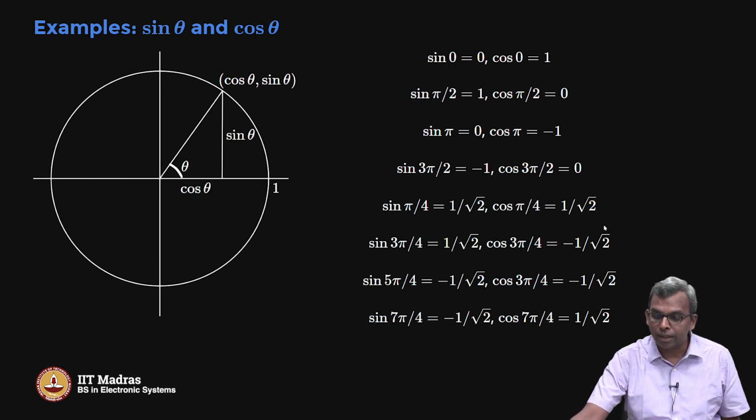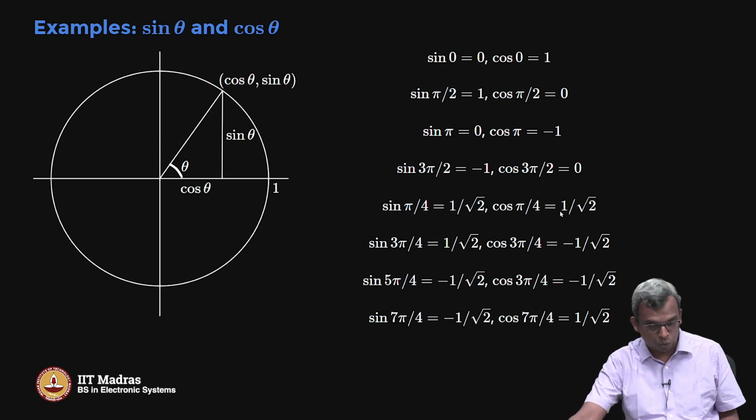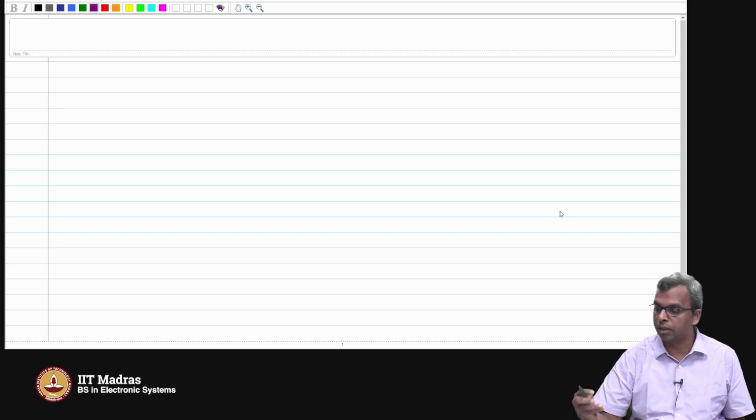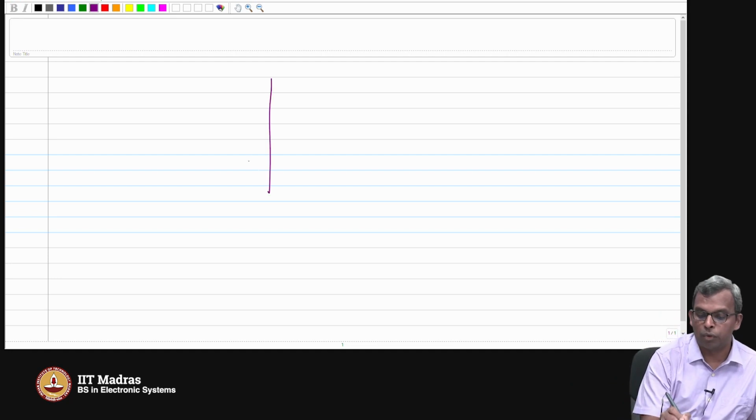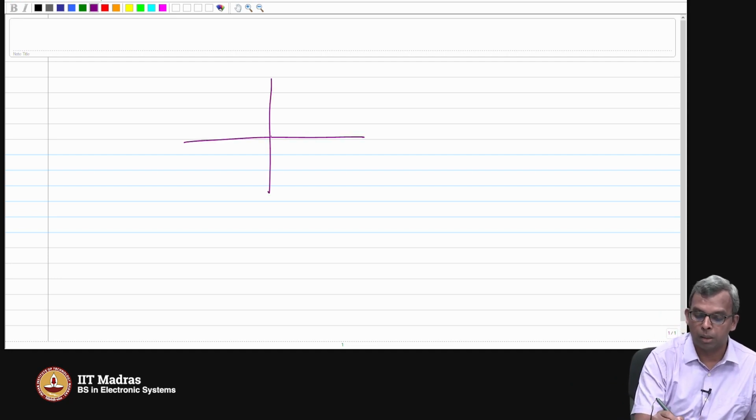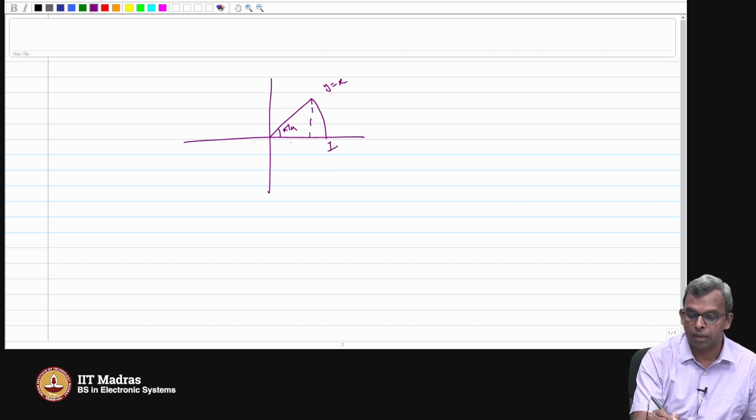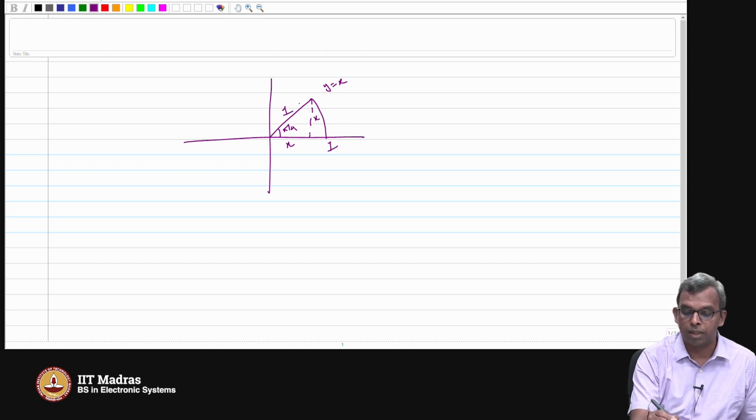The other interesting thing you can quickly derive is sin pi by 4 and cos pi by 4. So what is sin pi by 4, cos pi by 4? Let me just quickly write this down. It's very easy to see. If you do pi by 4, that's the y equal to x line. That's pi by 4. This is the unit circle, and this is x, and this is also x, and this is 1, isn't it?